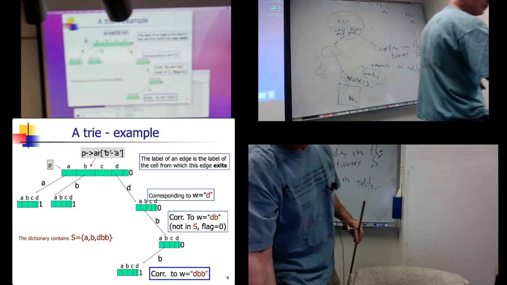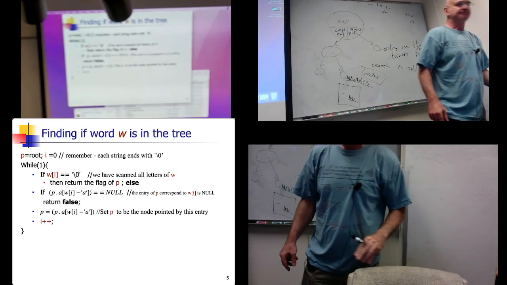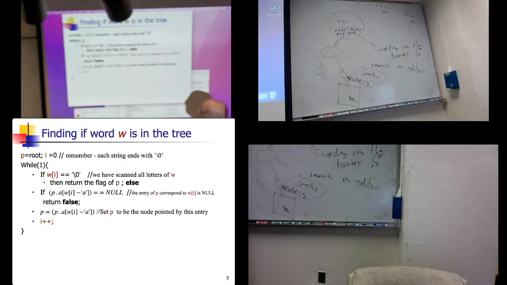Let's see the code of the search algorithm. P, I'll start my search at the root. I assume, convenient, I'll write it in C. In C, you reach the last character of the string if this character contains 0. Every string has 0 at the end. So what are we saying?